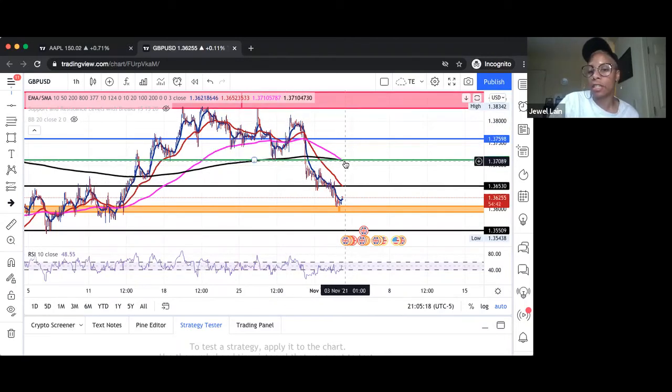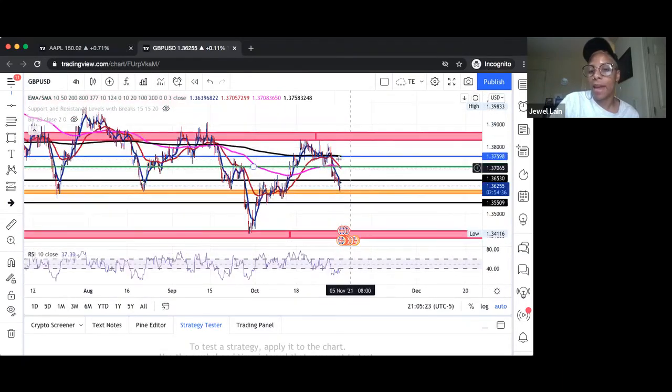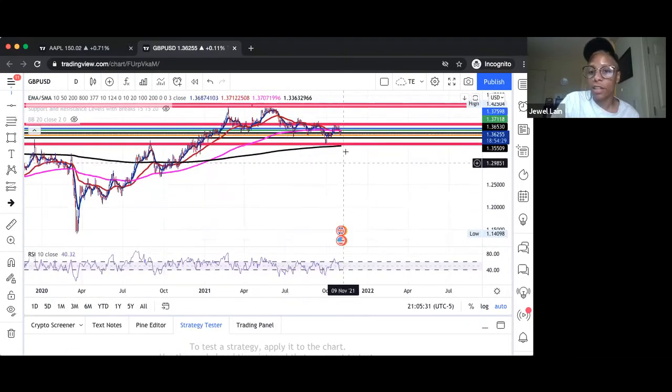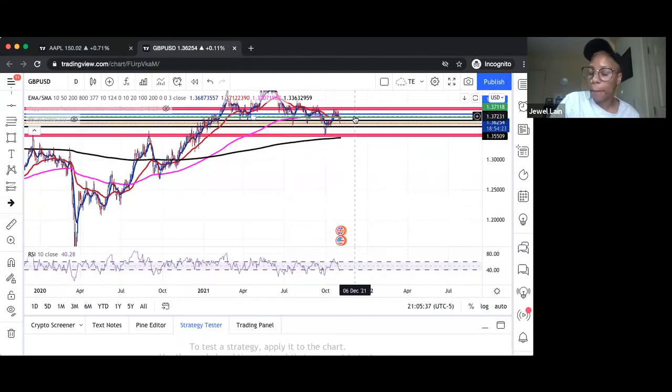Right? So I'm in the hour. I see that my EMAs are sitting here. Let me go to the 4 hour. EMAs, they're still sitting at that green resistance, y'all. The daily, still sitting at that green resistance. So chances are, in order for me to take this trade and continue it for the buy that we really want to have, it's got to break it. But I don't think that it will do that because this 200 and the 800 is sitting at the green resistance on every single time frame.